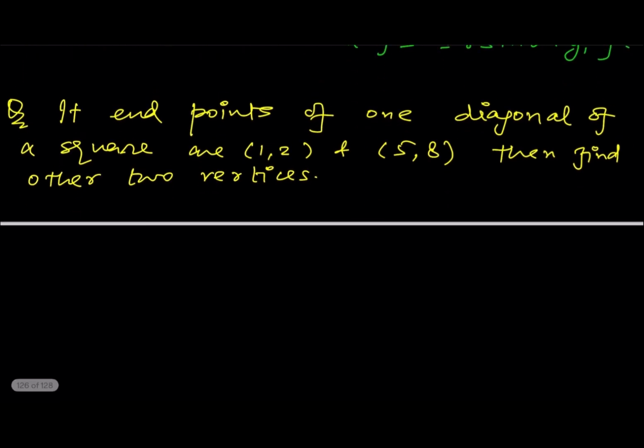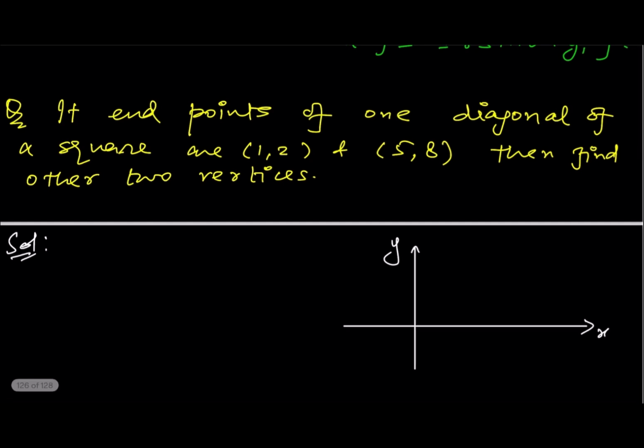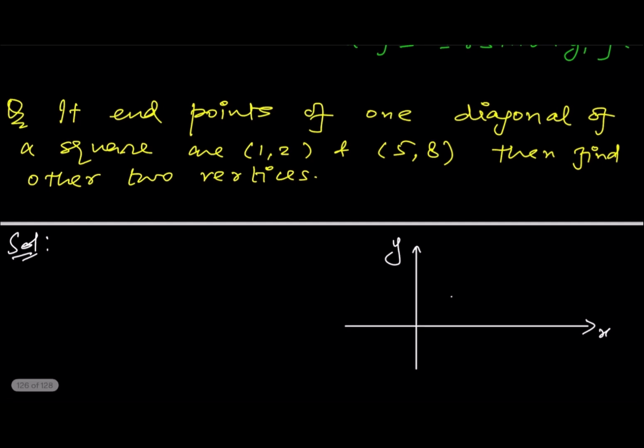What is written in the question? Let us draw first. It is given that two endpoints of a diagonal are (1, 2) and (5, 8). So (1, 2) is here, say A, and (5, 8) is here, say C. And this is the diagonal of a square.